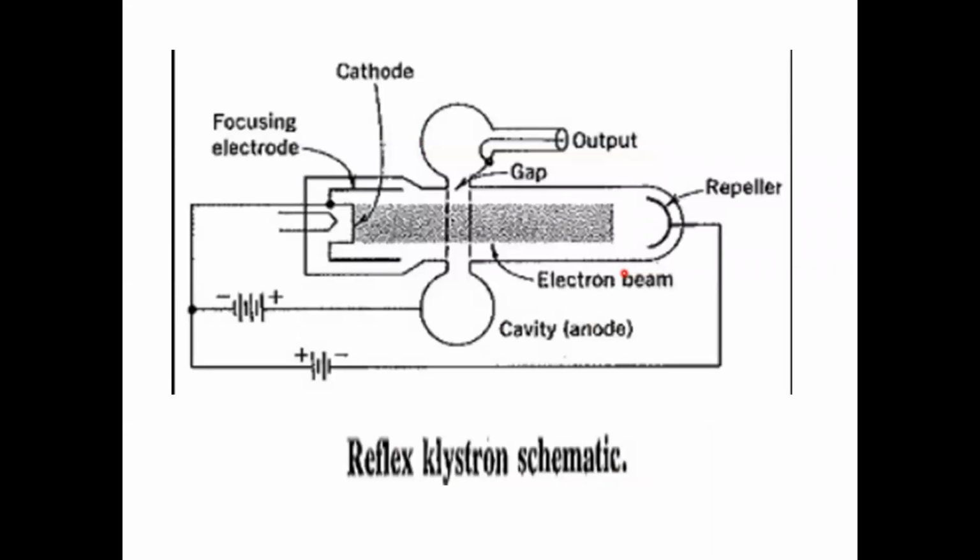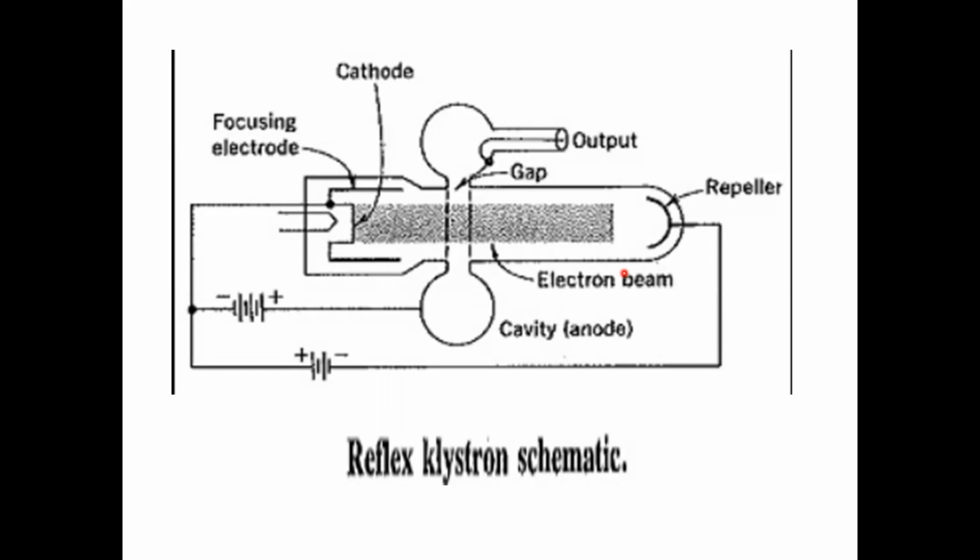Generally the reflex klystron has an electron gun filament that is surrounded by a cathode and a focusing electrode at the cathode potential.